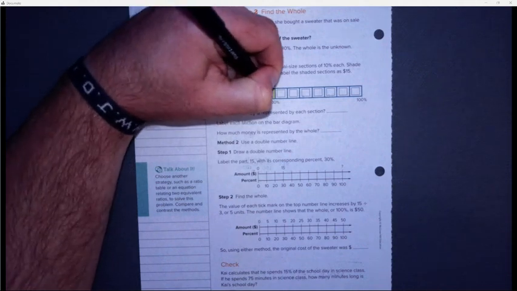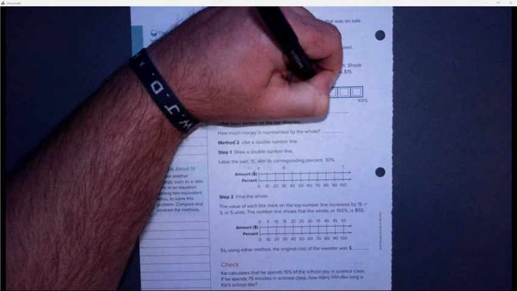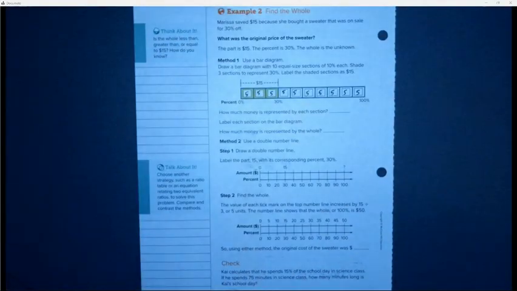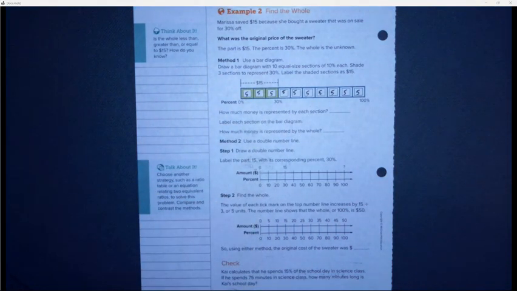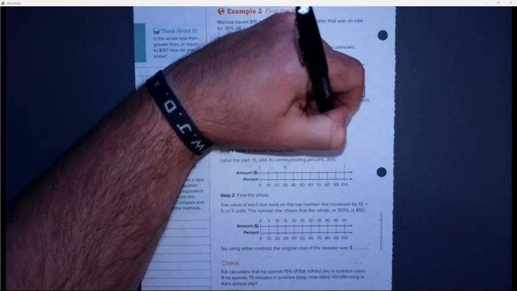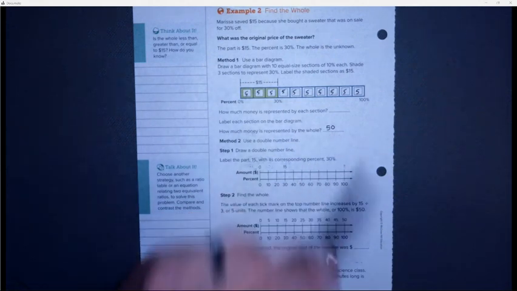So every section is 5. So if every section is 5, and we know that there are 10 sections, because each one is 10%, 10 times 10 is 100. 5 times 10 is 50. So the original price of the sweater was $50.